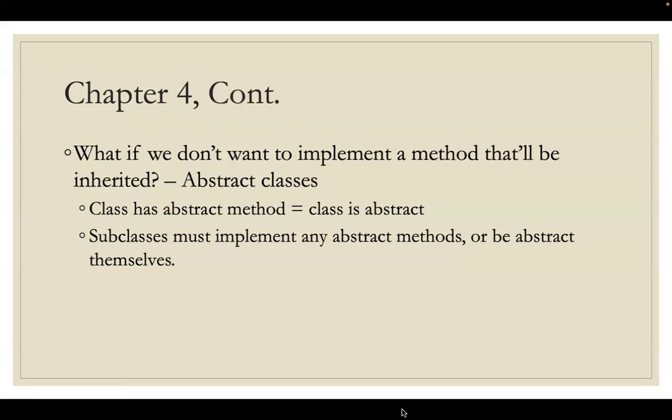We talked about what if we don't want to implement a method, and we want to leave it for later classes. There we have abstract methods, where a class that has an abstract method means that the class itself has to be abstract. And then subclasses have to implement any abstract methods, or they've got to be abstract themselves.